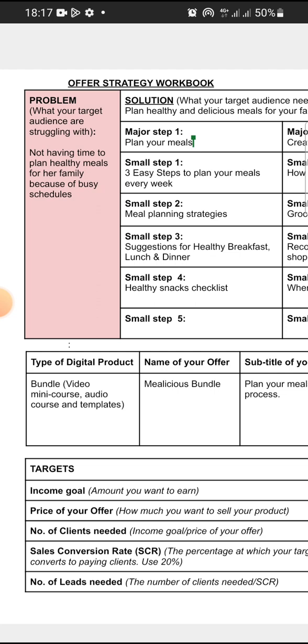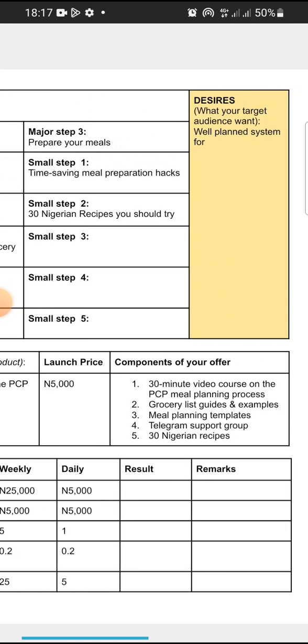If you've not done that, you need to work on that, because if you don't know the problems your target audience are facing, you won't be able to create a digital product or offer that will attract them, or something they'll be willing to pay for. So you have to make sure that you understand their problems and their desires.